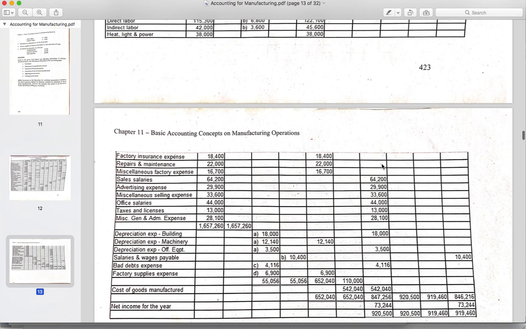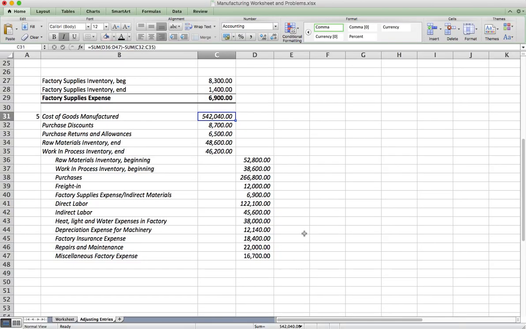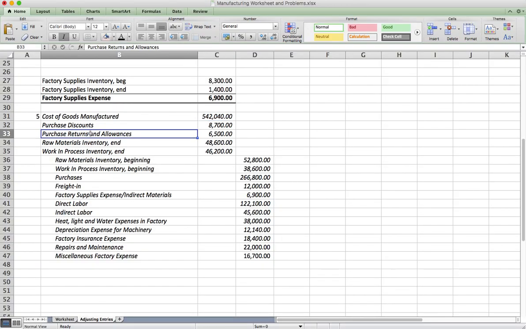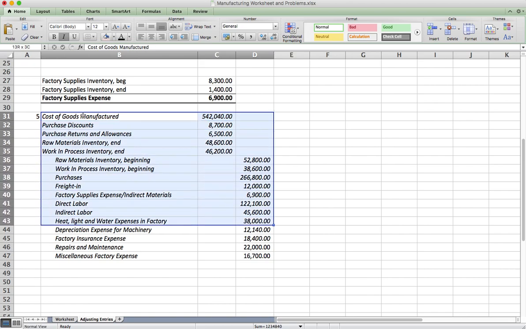Cost of goods manufactured 542,040. Okay, so pareho naman. So ito yung entry for cost of goods manufactured. Pero sige, balikan natin ito mamaya ulit, ha? Tapos papalitan natin yung mga amounts dito ng reference, yung reference point lang. Doon tayo sa adjusted balances.